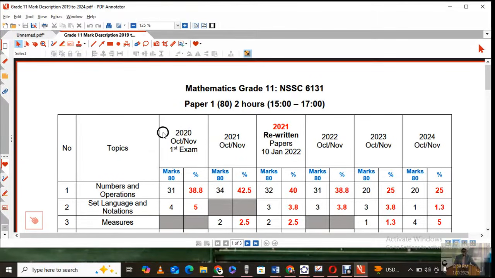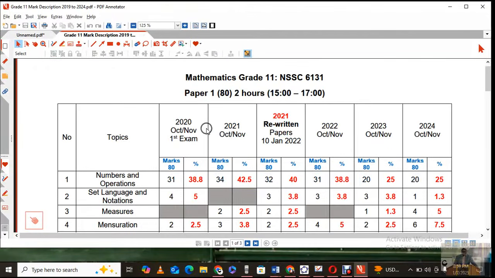Obviously this course was introduced in 2019, and 2020 is when the first examination was taken, then in 2021 the paper was rewritten, so there's another paper, and 2022, 2023, and 2024. So all in all, you have 6 question papers that you're going to get with my solutions and also with links that take you to my YouTube channel, where you have seen me working out these question papers, and I'm now busy with the ones for last year.